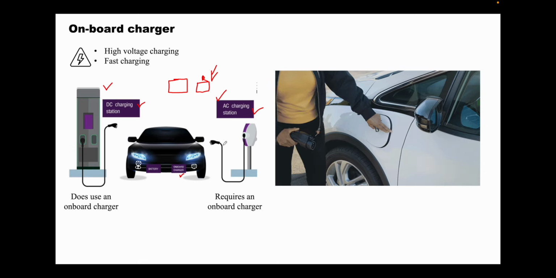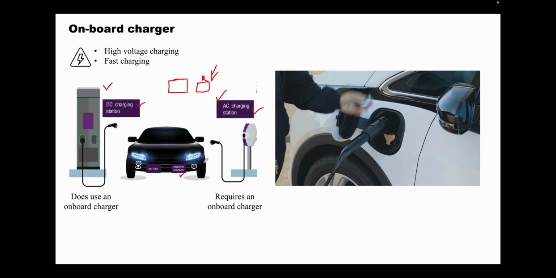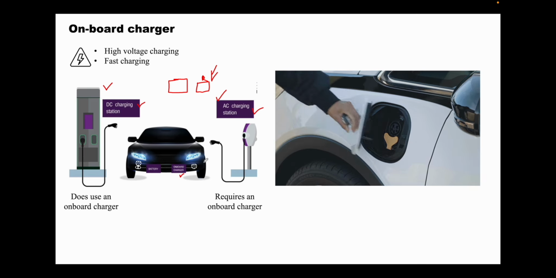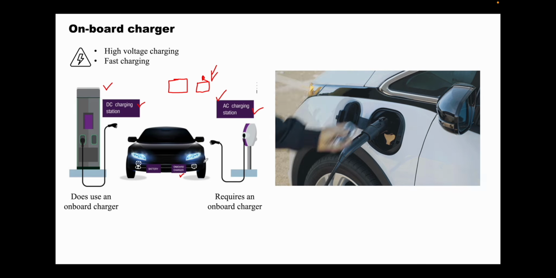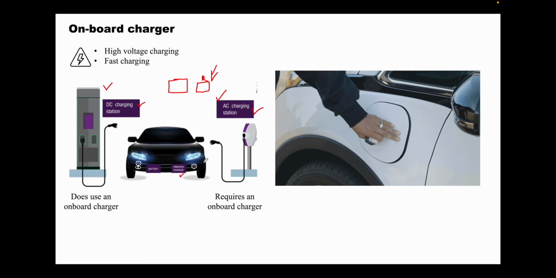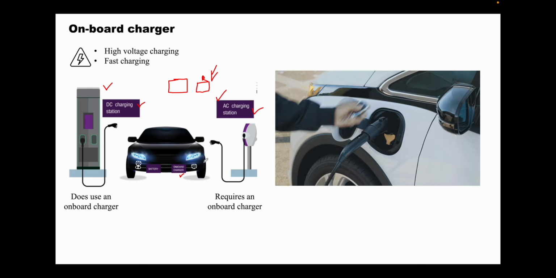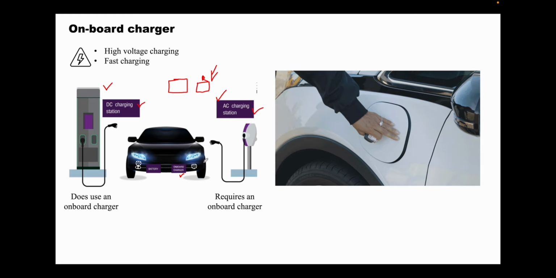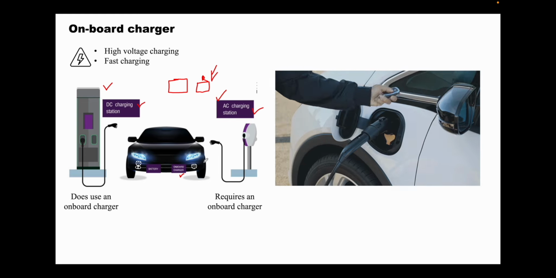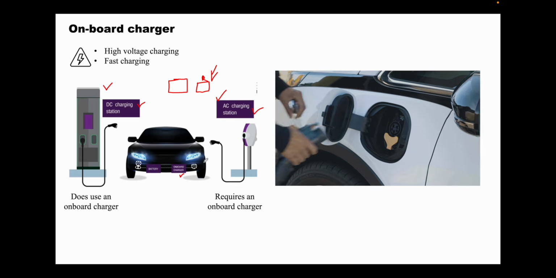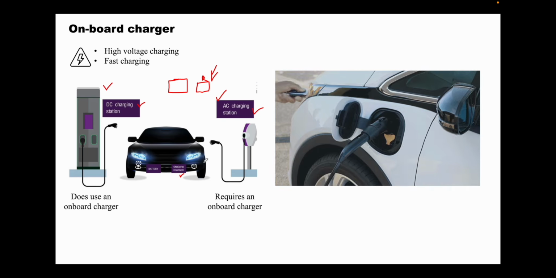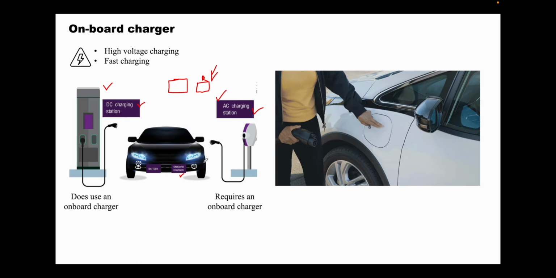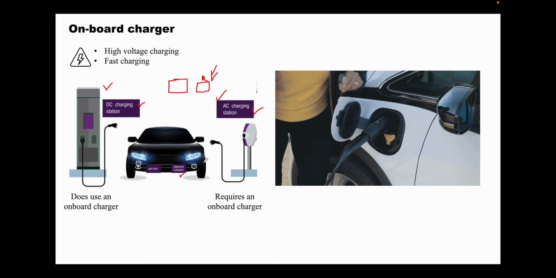When you connect the AC power supply, your electric vehicle will be able to know that this is an AC power supply and that it needs to pass the current through the onboard charger. When it passes through the onboard charger, the power source is converted from AC to DC and the electric vehicle battery gets charged.